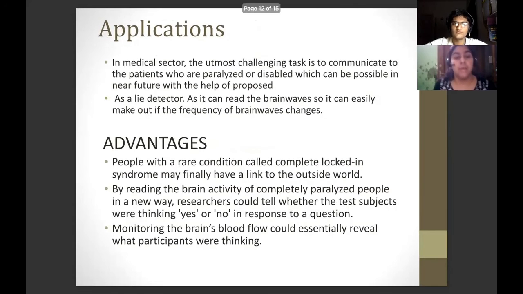Now, some applications of this are: first, in the medical sector, for the paralyzed or the disabled. It helps paralyzed or disabled people to meet the future. The second application is a lie detector, as it reads the brain wave, so it can easily make out if the frequency of brain waves changes.